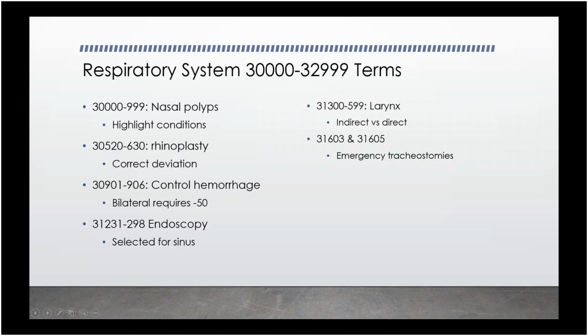30,000 through 30,999 is nasal polyps. You want to highlight the conditions in your study guide. For that, you can actually write them in your CPT book, under the CPT code that's listed there.